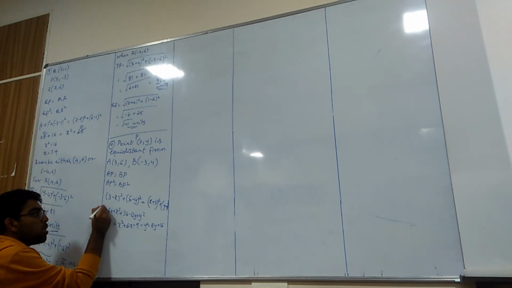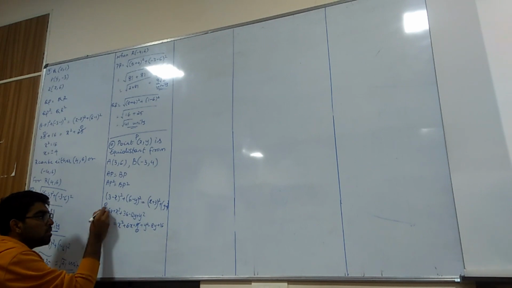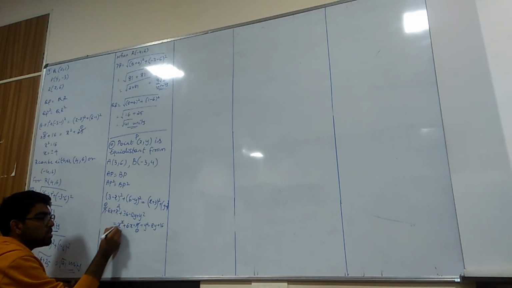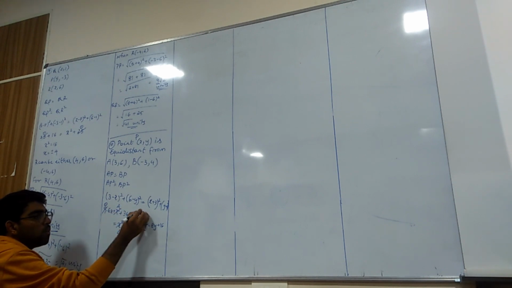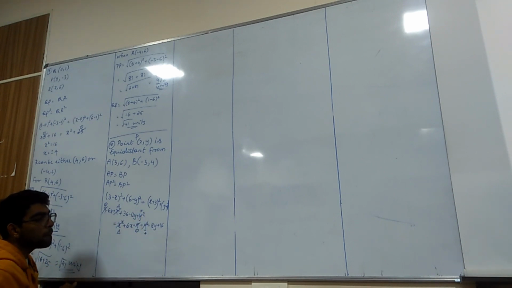Let me write the terms common. Plus sign is there, plus sign is there, cancel. X square is here, x square is here, cancel. Y square is here, y square is here, cancel. Okay?